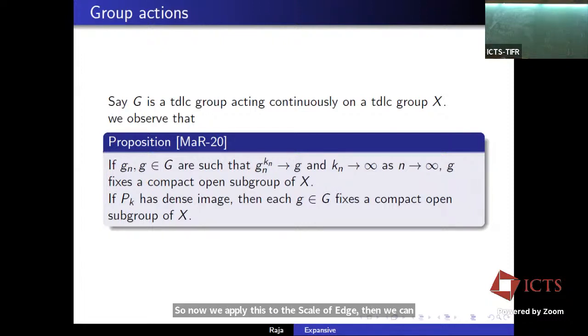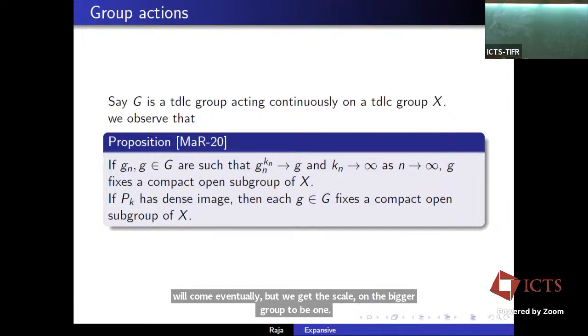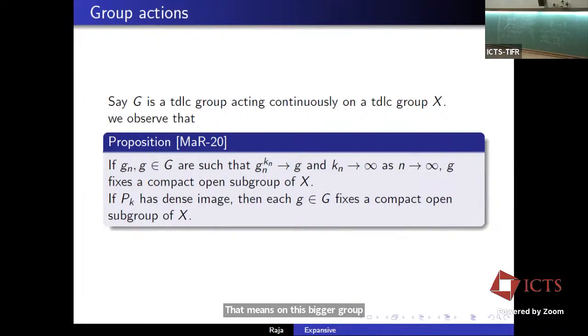So here our conclusion is not about the scale of G. It will come eventually. But we get the scale on the bigger group to be 1. That means on this bigger group, there is a compact open subgroup fixed by this small g. If you look at the conjugate action, it is the same action. You can do this multiplication and verify this.